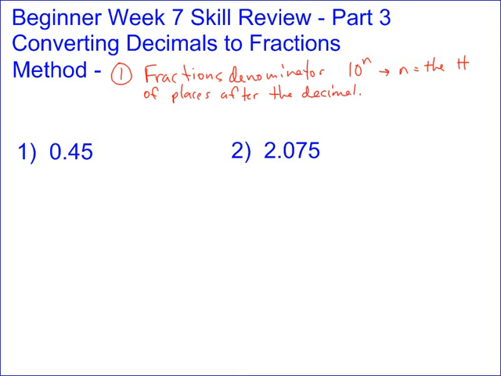So, for instance, in number 1 here, there are 2 places after the decimal, so you're going to put the denominator as 10 squared, which is 100, or two zeros after 1, 1, 0, 0.